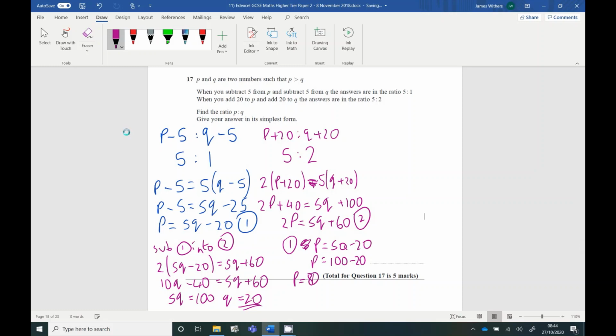We're not asked to work out what P and Q are. We're asked to find the ratio P to Q. We know that P is 80 and Q is 20. So writing this ratio in its simplest form, dividing both sides by 20, our final answer is the ratio 4:1.